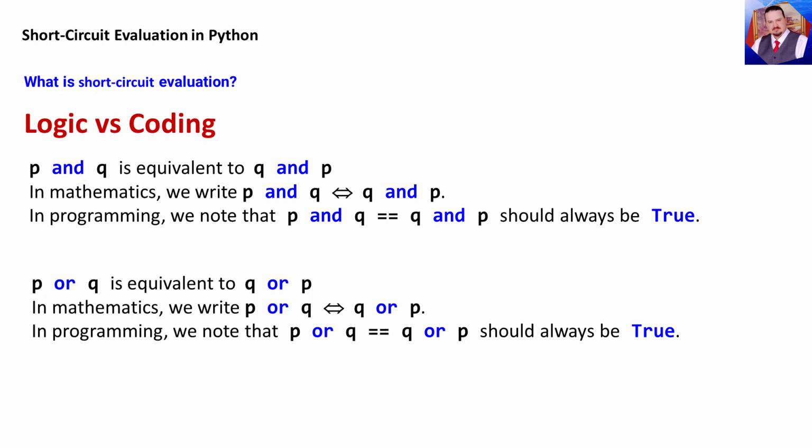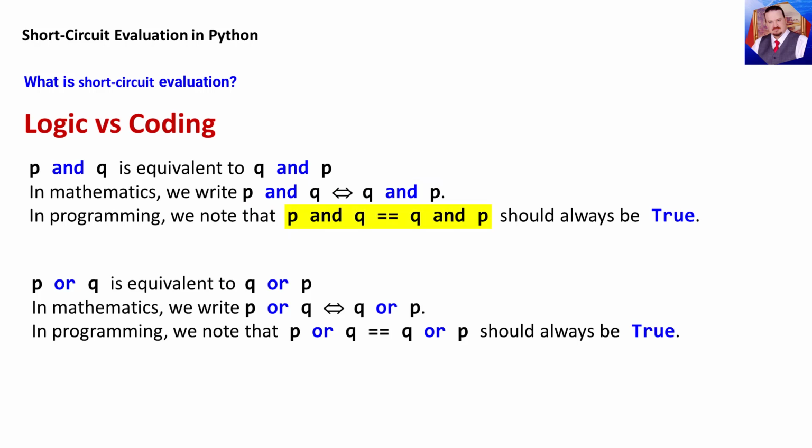But before we get too far into short circuit evaluation, we need to discuss these operators from both a programmatic and a logic or mathematical perspective. We know from logic that the AND operator is symmetric, so to speak. P and Q is equivalent to Q and P. In mathematics, we say the statement P and Q is equivalent to the statement Q and P, which means they have the same truth and falsity values.